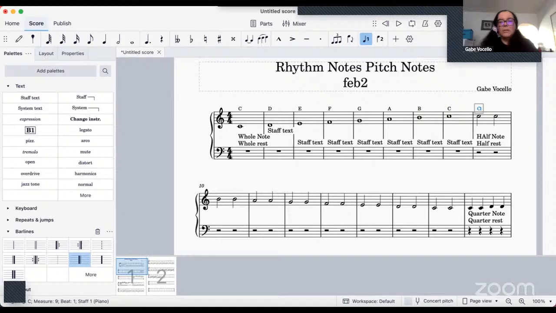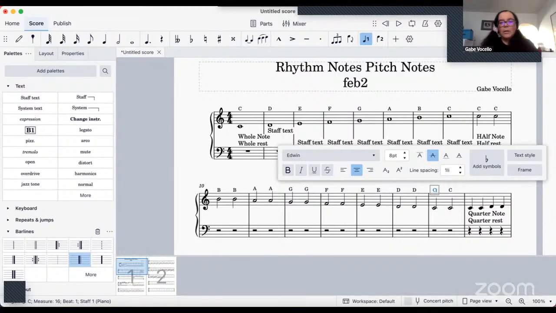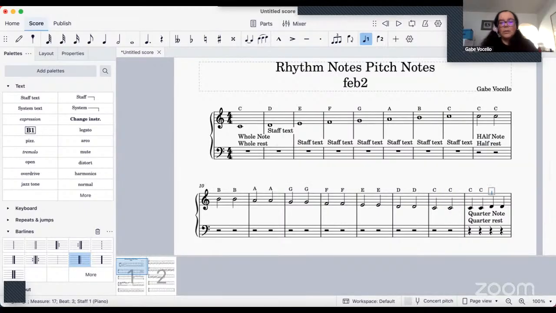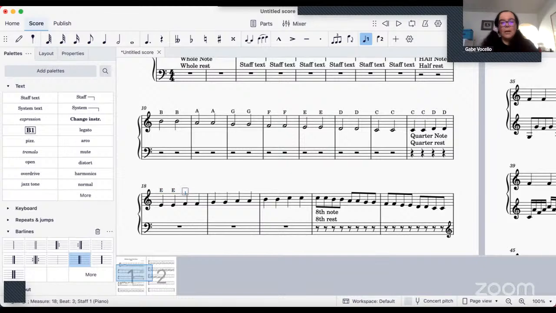C, C, C, B, B, A, G, G, F, F, E, E, E, D, C, C, C, C, D, D, E, E, F, F, E, G, A, B, B, C, C, C, C, B, B, A, etc. Okay?